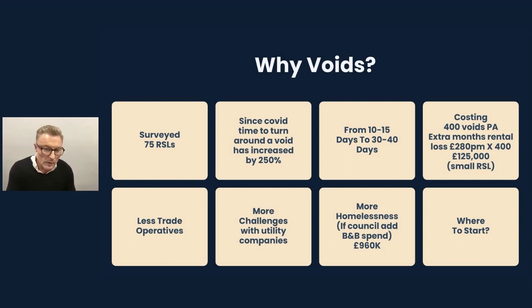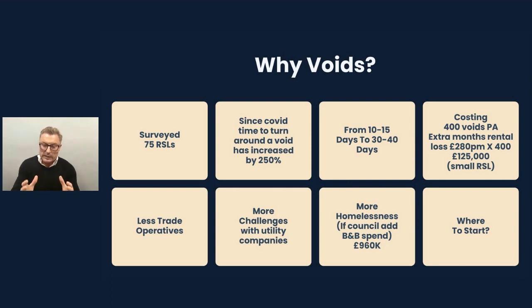In one council, we found that their homelessness bill for B&B has gone up by £960,000. We're doing a massive project with Glasgow City Council at the moment, helping them with their homelessness, which we've been doing for the past couple of years. So we understand the relationship between homelessness and housing voids.